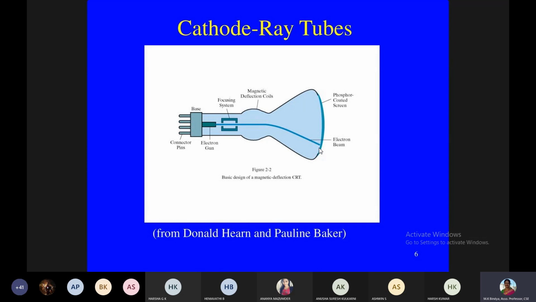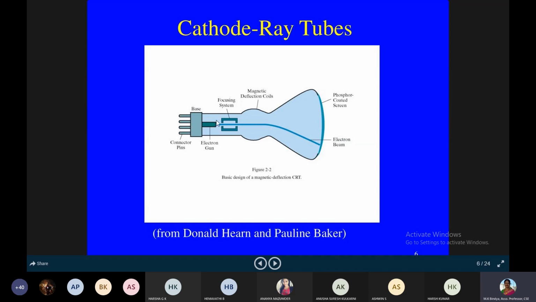To maintain the light on the screen, we need to keep repeatedly sending the electron beam on the same path so that the light is always emitted. This procedure is usually called Refresh CRT.